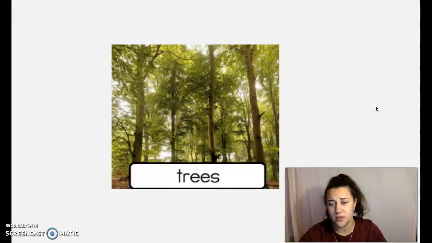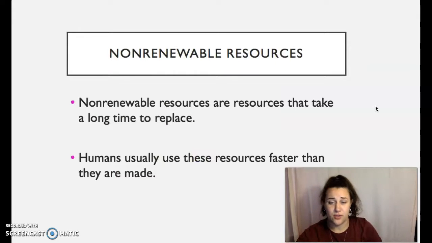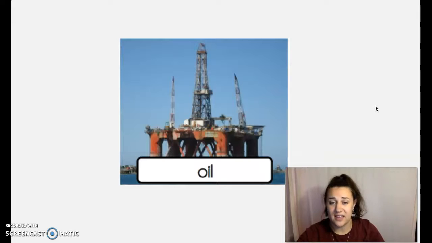Those are our renewable resources. Then we had our non-renewable resources, are the ones that they can still be replaced, but they take a super long time to replace. It's not just a few years. It's a lot of years. And that was oil and gas we talked about.